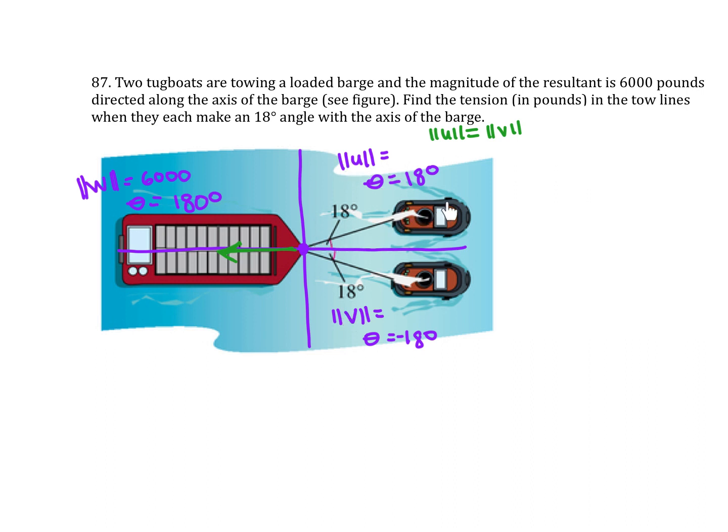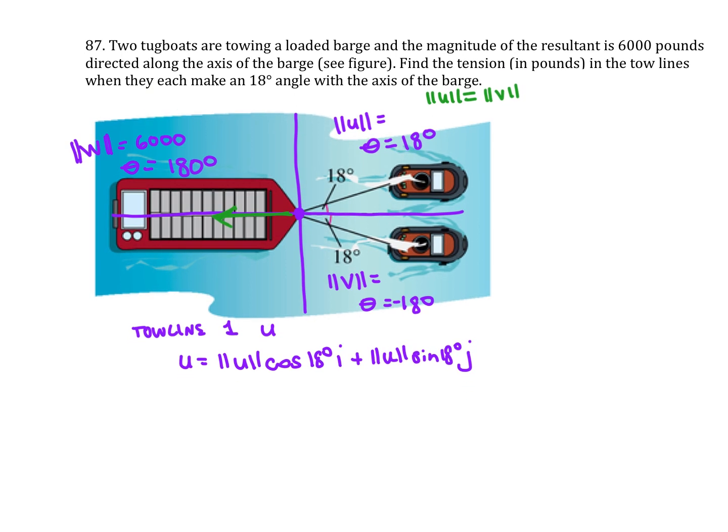So let's go ahead and write an equation for each of our vectors: vector u, vector v, and vector w. Tow line 1 is vector u. So u is the magnitude of u times cosine of 18 degrees i plus the magnitude of u sine of 18 degrees j.